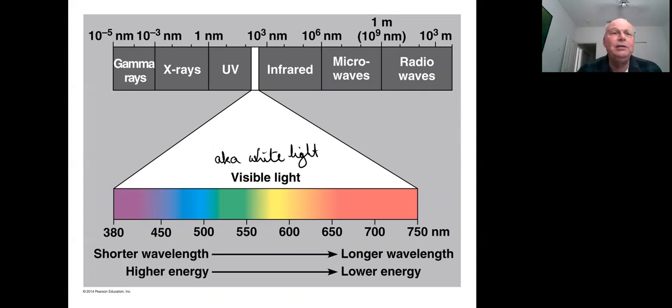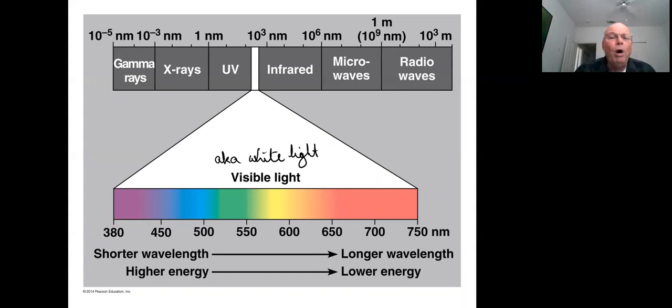This was first recognized by Isaac Newton back in the mid-1600s, in the 1650s. He used a glass prism, which is a triangular block of glass that has the same effect as water molecules in the air, and splits the white light up into the visible components.